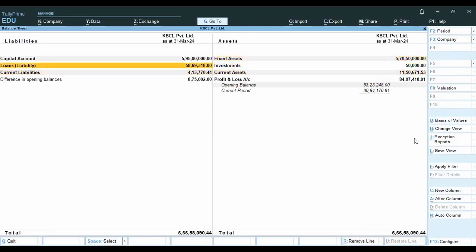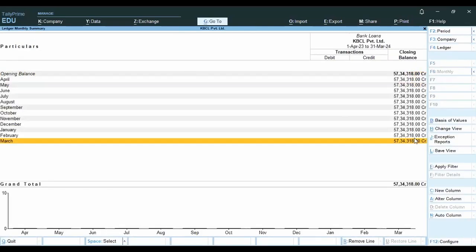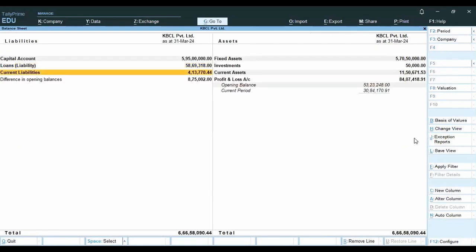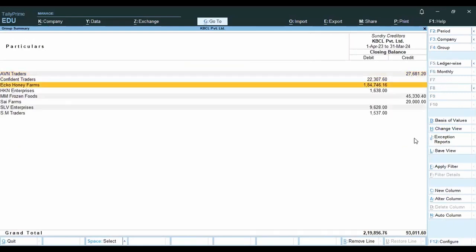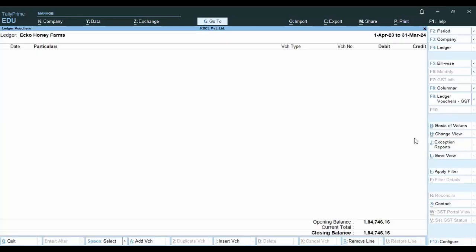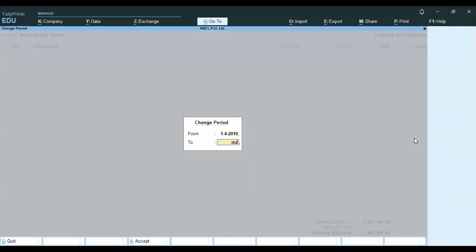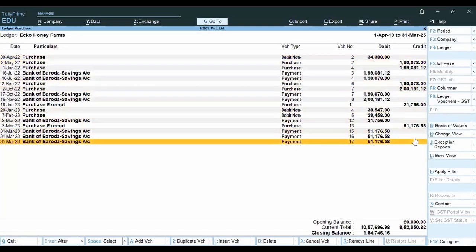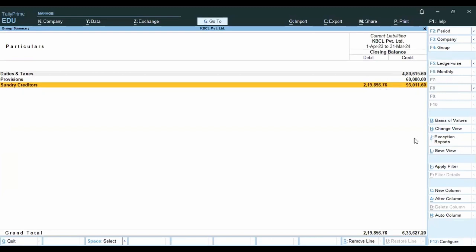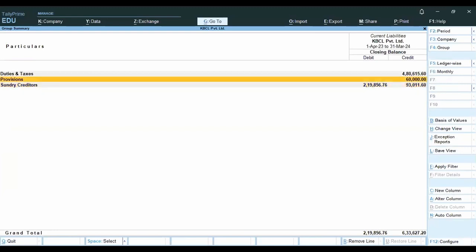See, at all levels, the strip view is there. See, even in ledger also strip view is there. So you can enjoy, try this new feature of Tally.